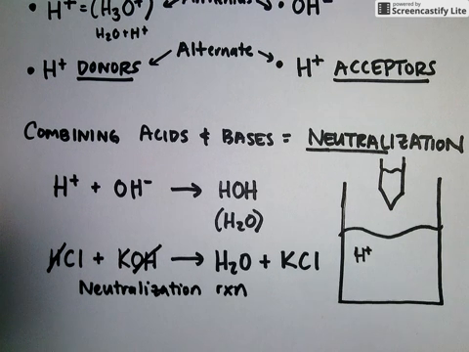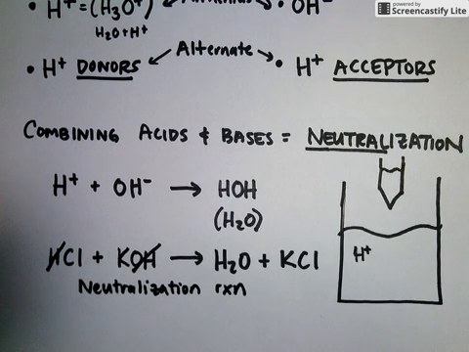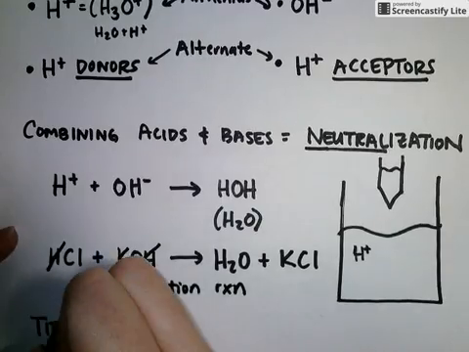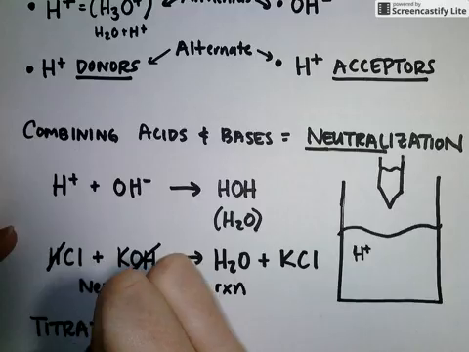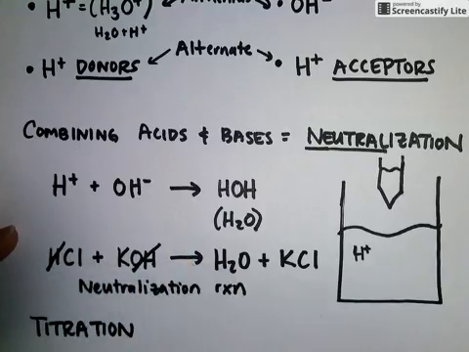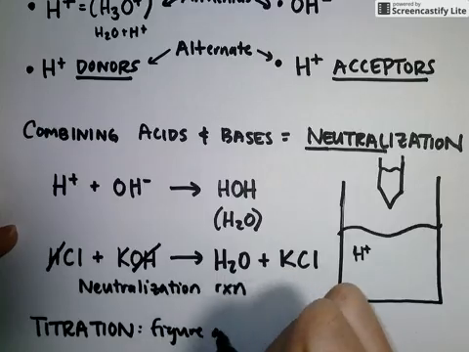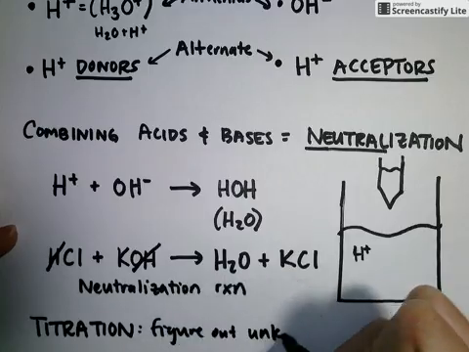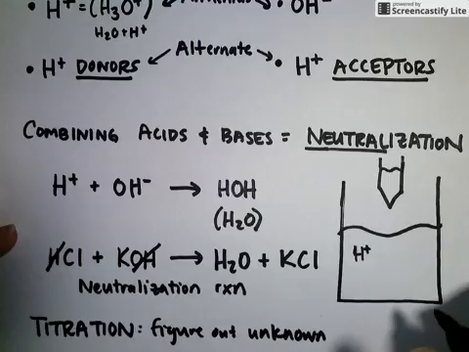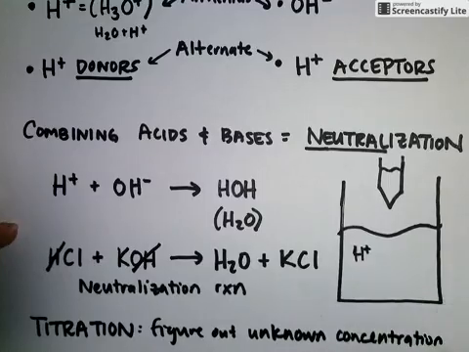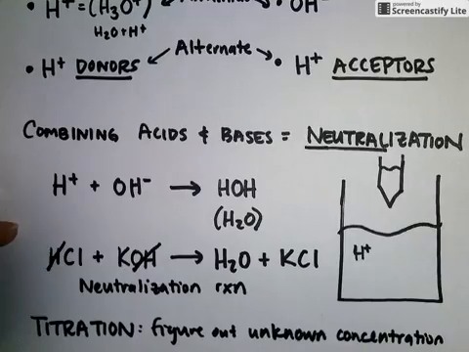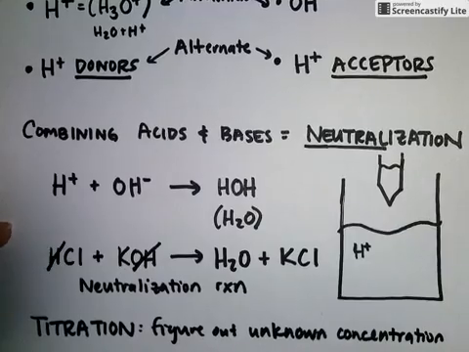We can take advantage of the fact that acids and bases neutralize one another in an experiment called a titration. Titrations are important because they allow us to figure out unknown concentrations. You may have a sample of clear liquid in front of you, and you may have figured out that it was an acid by using some kind of indicator, but you don't know how concentrated it is.